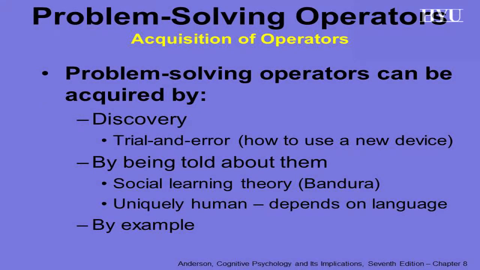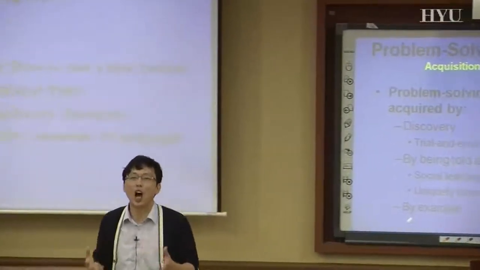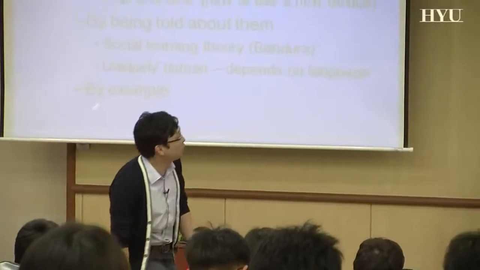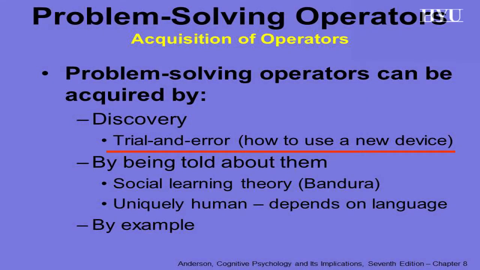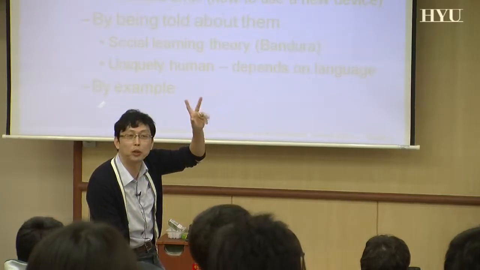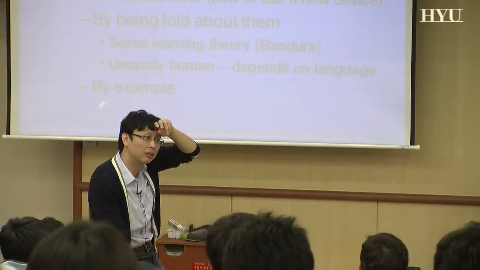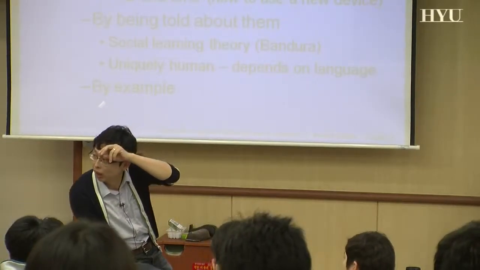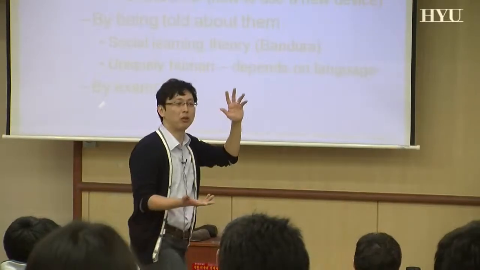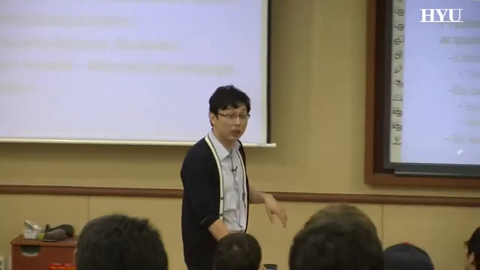So I can list 5 different strategies for how people solve problems. The first one is trial and error. How many people read a manual when you buy a new mobile phone or new system? Why do we need the instruction manual? You never read it, right?